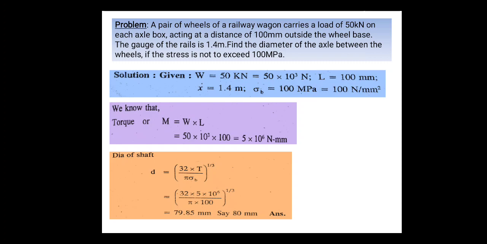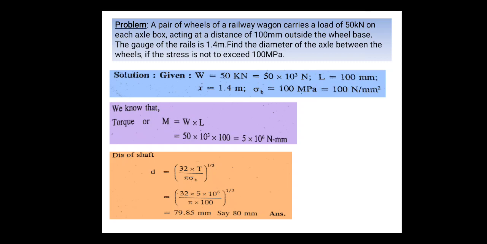Find the diameter of the axle between the wheels if the stress is not to exceed 100 megapascal. So this is the given problem. We need to calculate the diameter of the axle between the wheels.